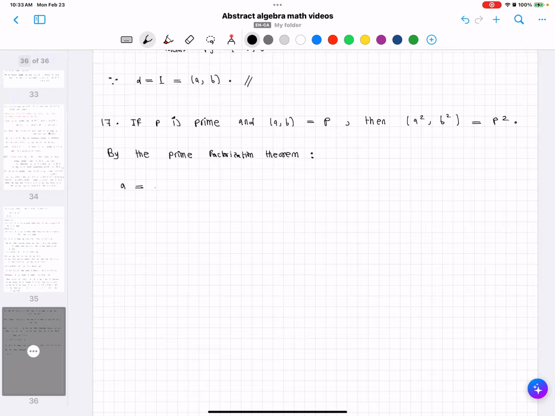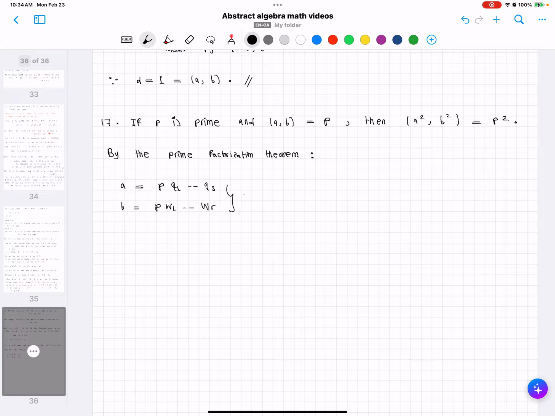And since P is one of the divisors of A and B, in particular the highest common divisor, it must be in those prime factors of A and B. So you have P times the other prime factors of A, let's just use Q1 to QS, and similarly B is equal to P W1 to WR.